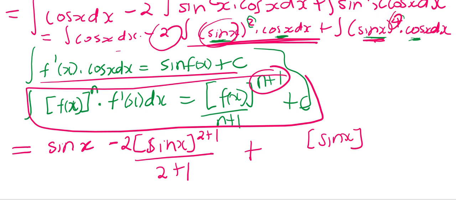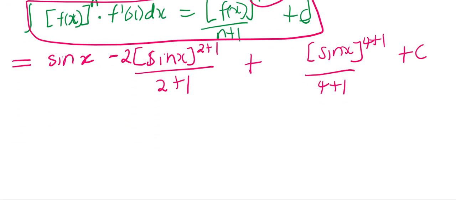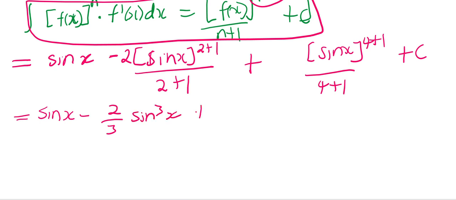Our n is 4, so that's sine to the power of 4 plus 1 over 4 plus 1 plus c. So let's simplify that. This is equal to sine of x minus 2 over 3 sine cubed x plus sine to the power of 5x over 5 plus c.